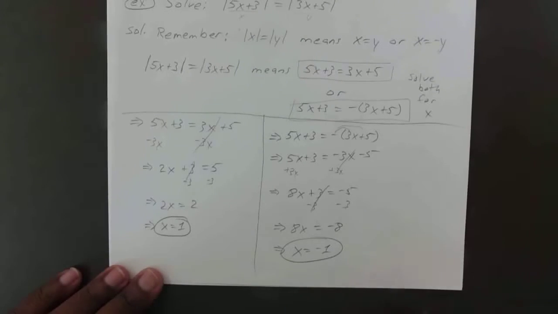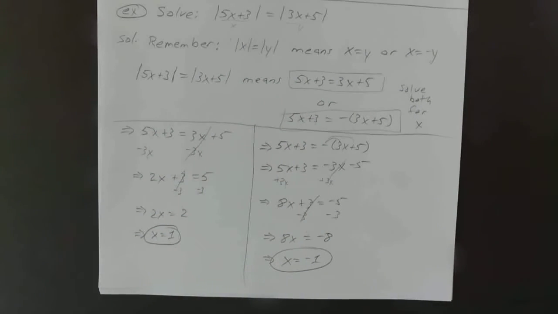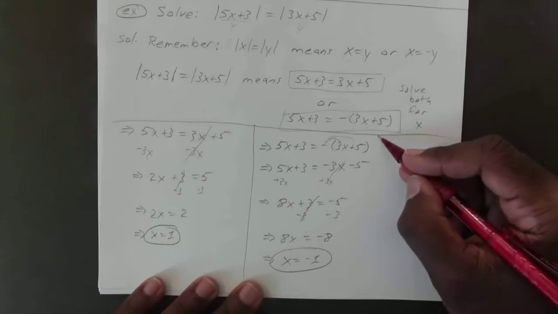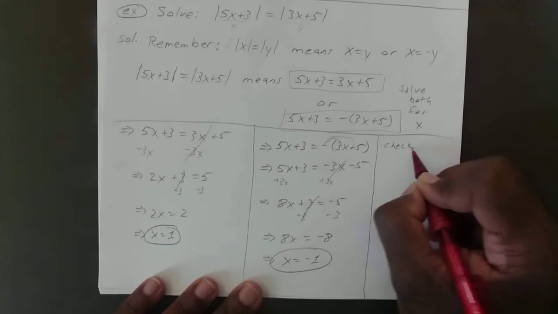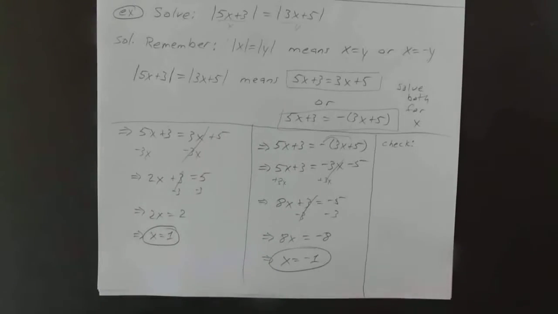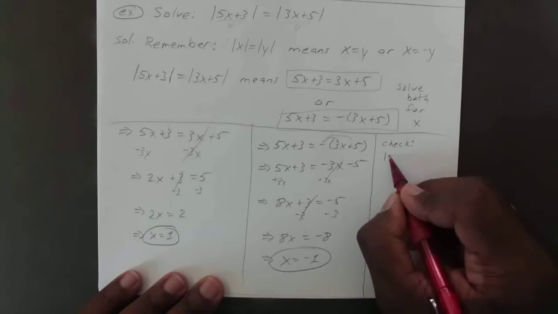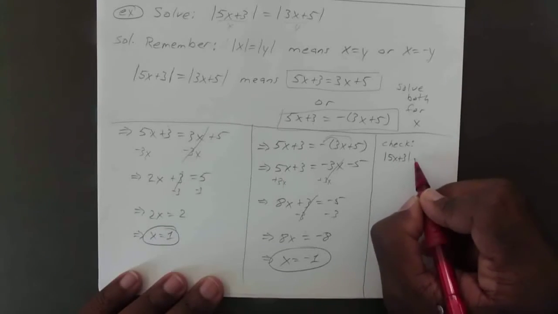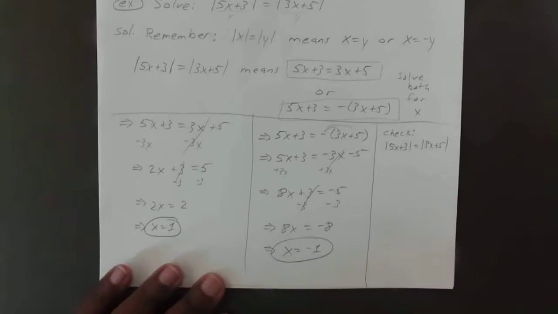So all we have to do is check. Might be able to check it on this page. If we check it, the absolute value of 5x plus 3 equals the absolute value of 3x plus 5.